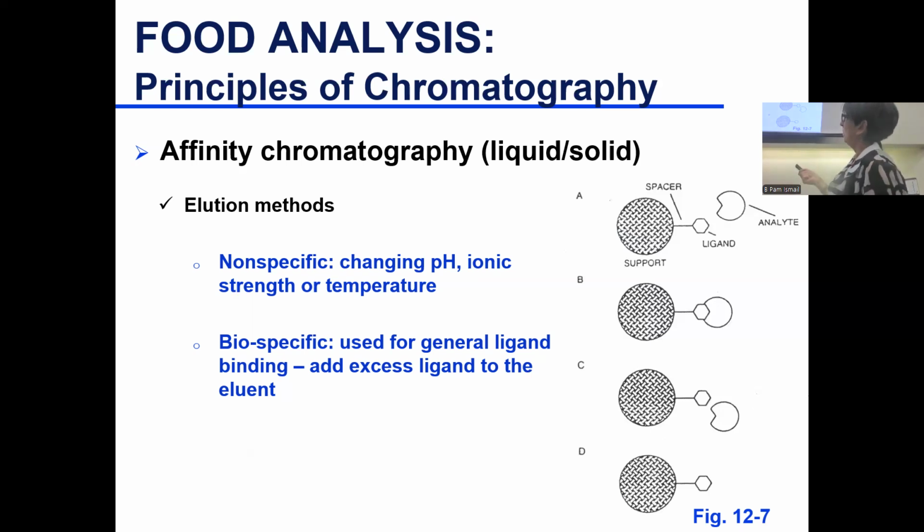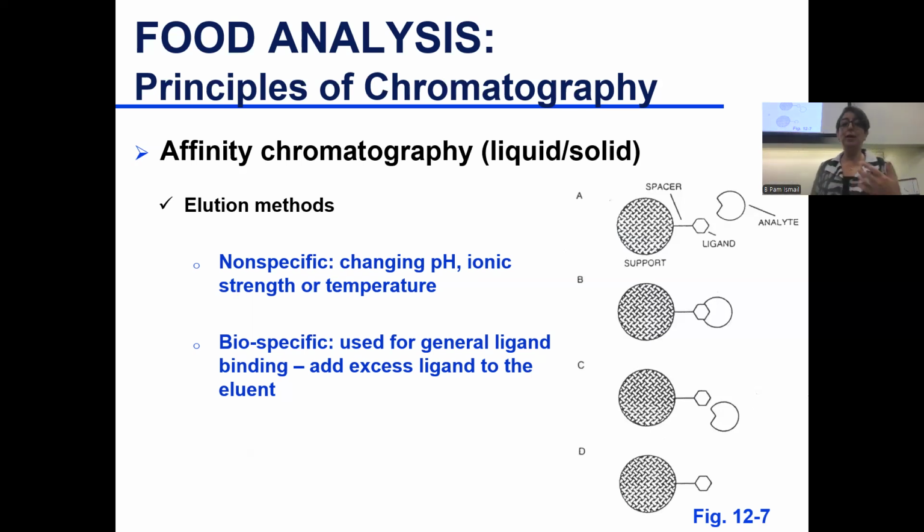A biospecific elution, let's say you have antibodies attached here, you can increase the amount of antibody in the mobile phase. So now there's competition between the free antibodies in the mobile phase and the antibodies on the stationary phase. So your analyte can interact more with the mobile phase and leave.